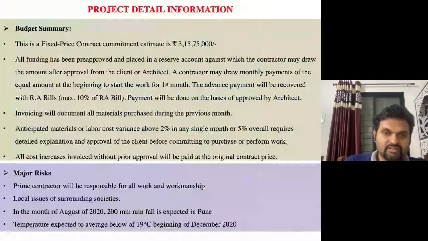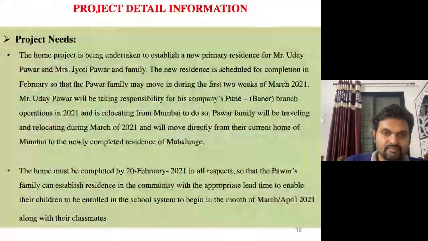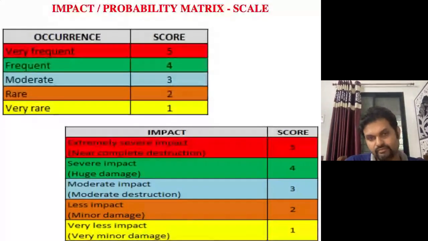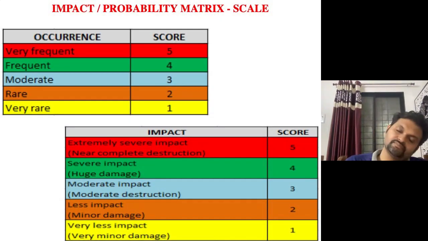So now rate this from this scale. How much do you think the occurrence probability is? 4. Okay. Anyone else? 3.